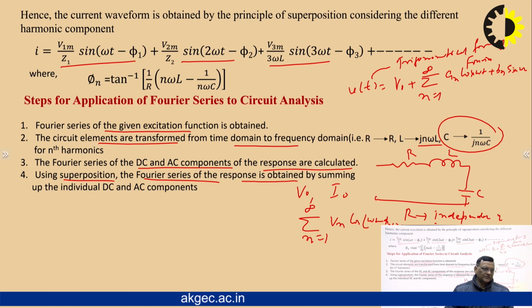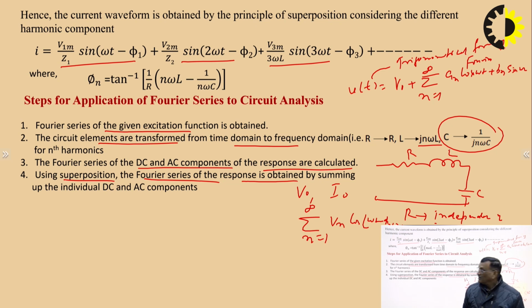Once we get the response of all the components, we just add them to get the steady state response of the current. So this is the approach to find the steady state of an RLC circuit when the input is non-sinusoidal.